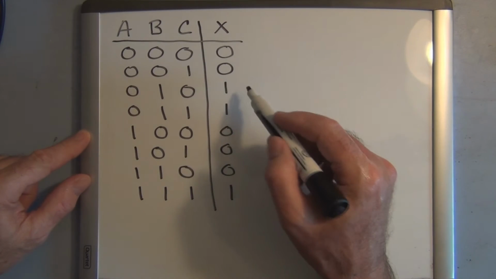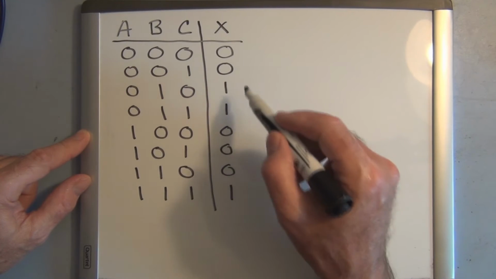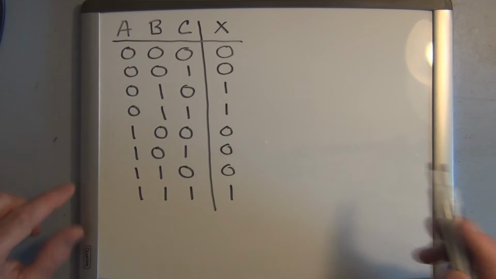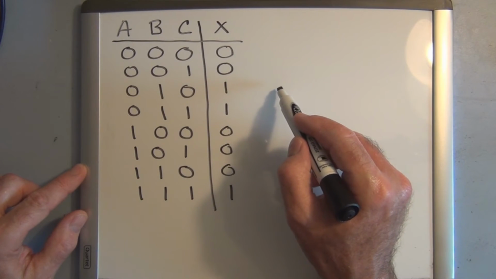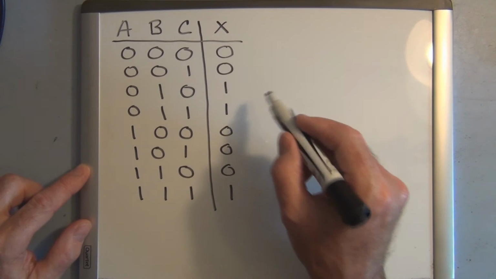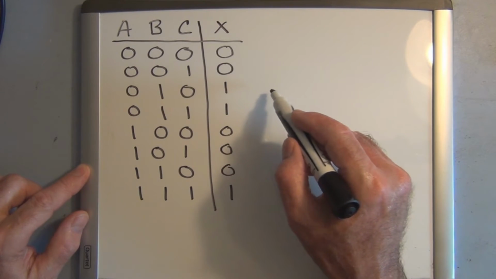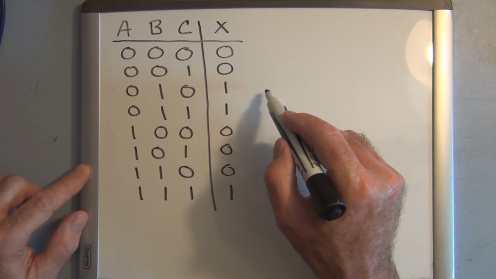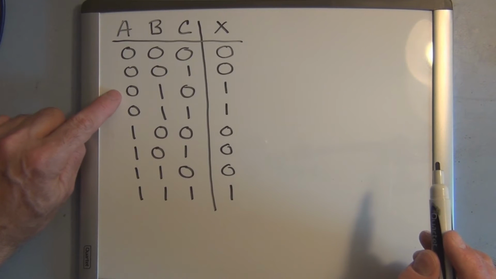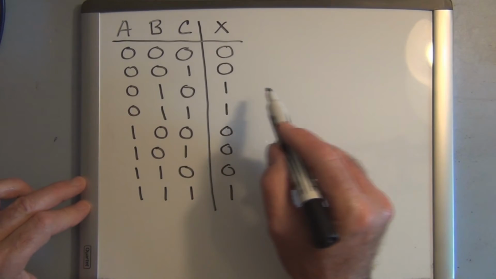We want an output X equal to 1 in this case, and this case. So the first thing we do is write the AND term for each of these cases where the output is a 1, and each variable in the AND term will be either inverted or non-inverted depending on its value in the truth table.